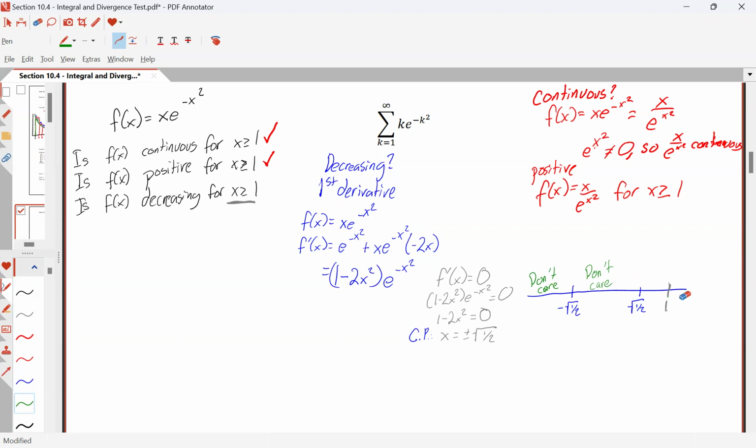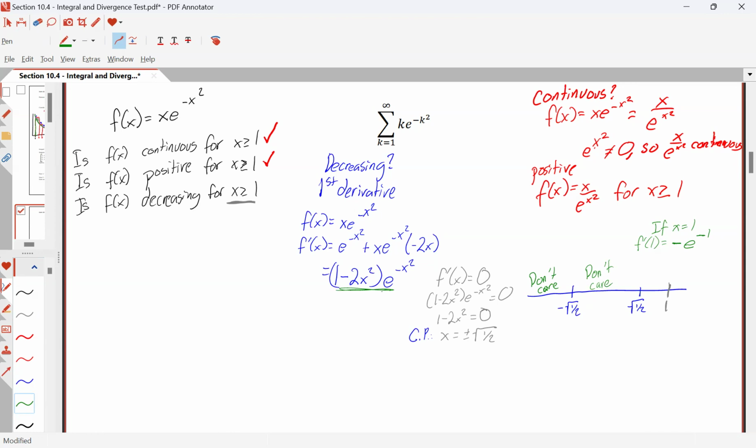So if x equals 1, just a test point inside of our interval, happens to be our starting point, but I'm picking a test point inside the interval we worry about, then f prime of 1 is equal to negative e to the negative 1, if you plug in 1 to our first derivative.